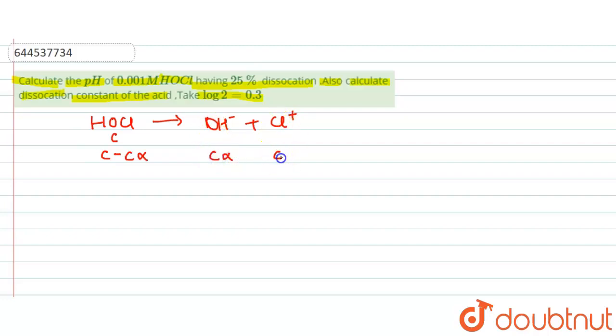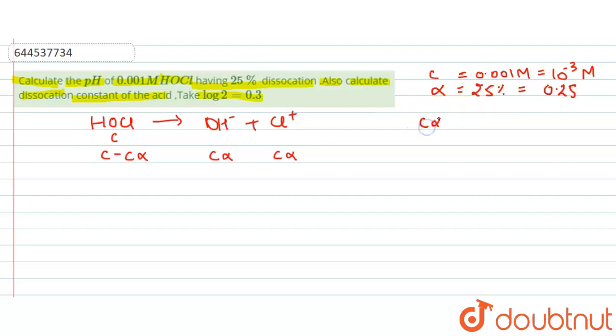Here C is given as 0.001 molar or 10 raised to power minus 3 M. Dissociation alpha is given as 25%, that is 0.25.